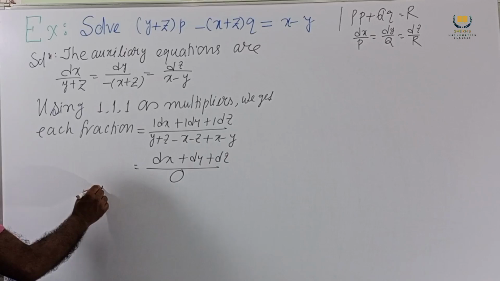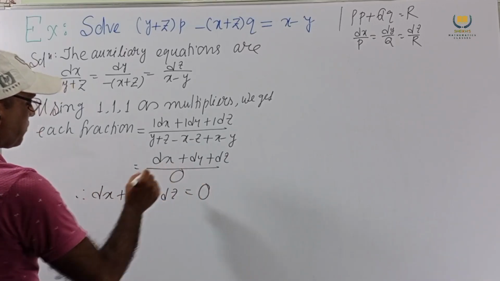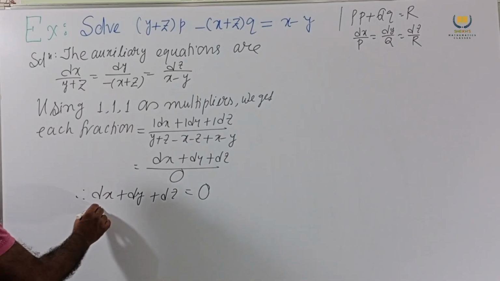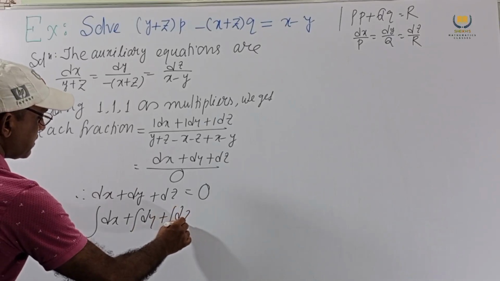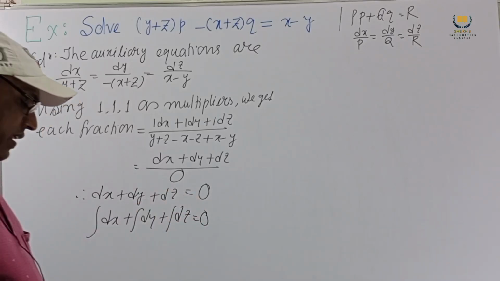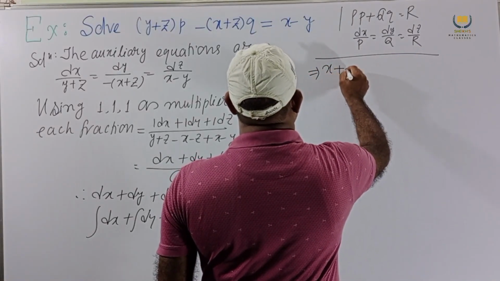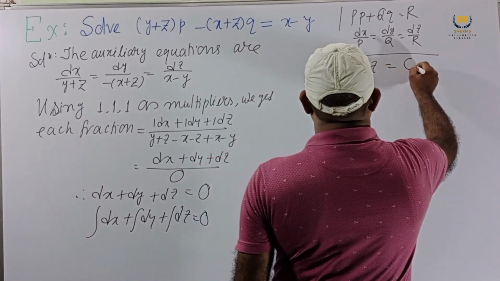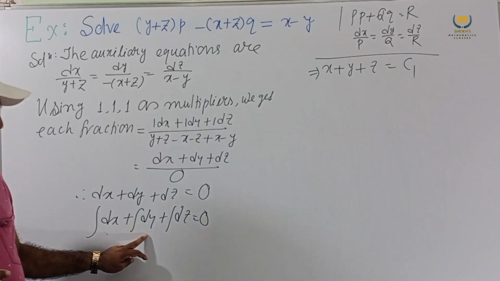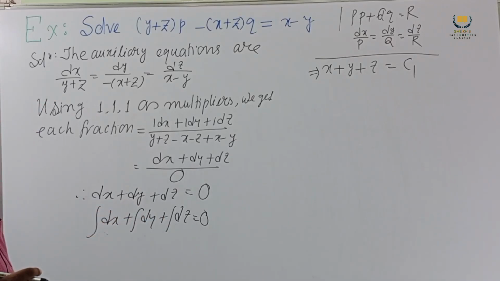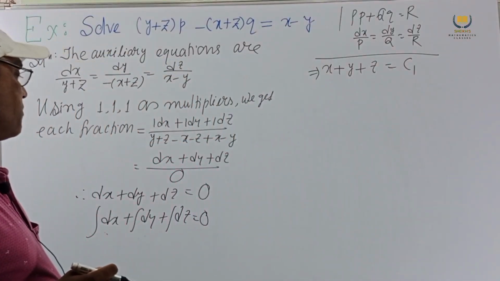Therefore dx plus dy plus dz equal to 0. If we integrate both sides, integration dx, integration dy, integration dz equal to 0, then we get finally x plus y plus z equal to c1. This is constant c1. We get the first equation.